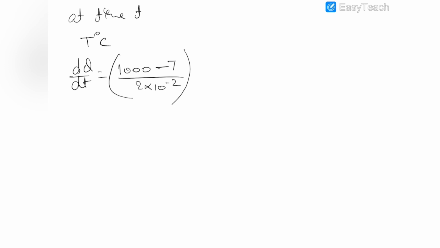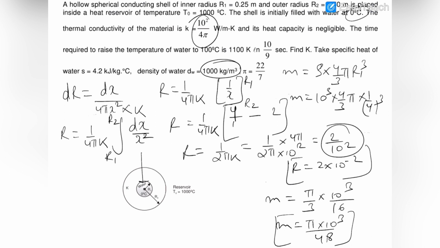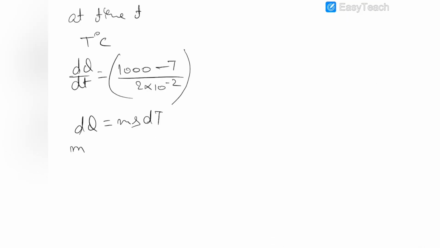Okay, and dQ is m s dT, where dT is the change in temperature. We have already calculated the value of m, which is pi into 10 raised to power 3 by 48, or we can substitute it later.